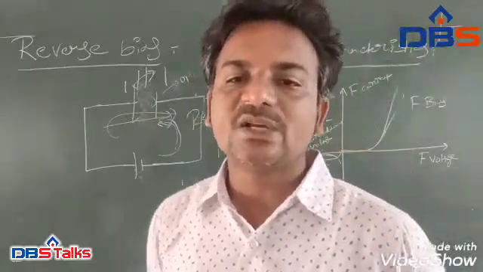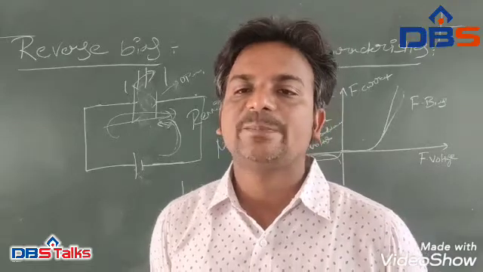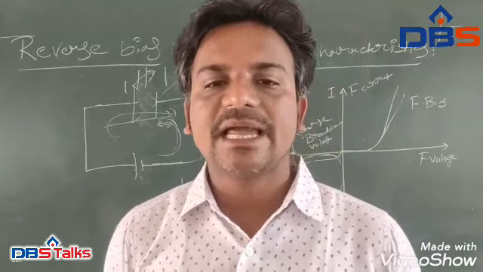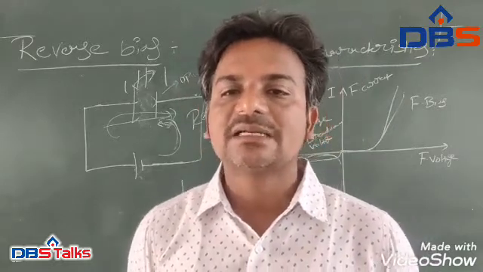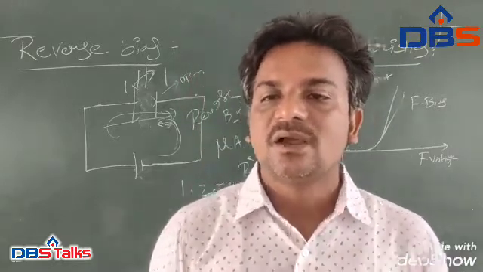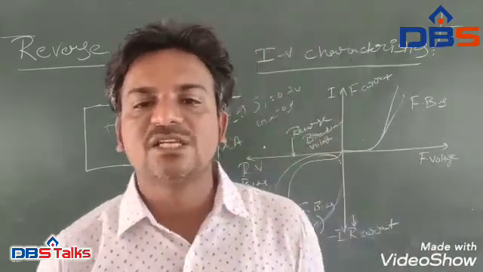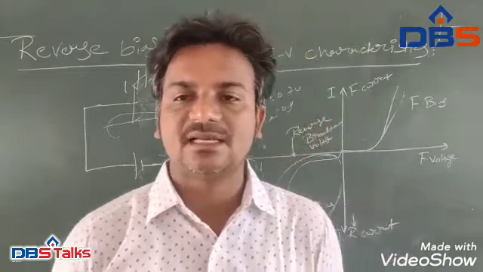This is because the negative voltage pushes or repels electrons towards the junction, giving them the energy to cross over and combine with the holes being pushed in the opposite direction towards the junction by the positive voltage.